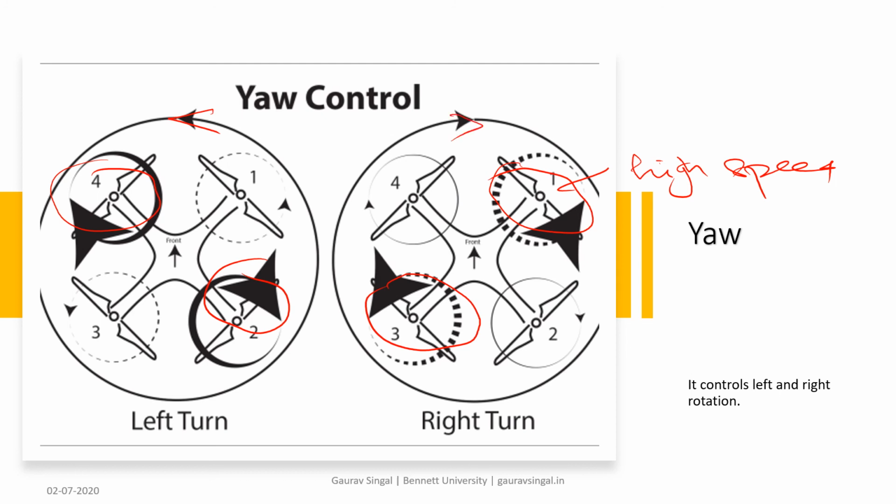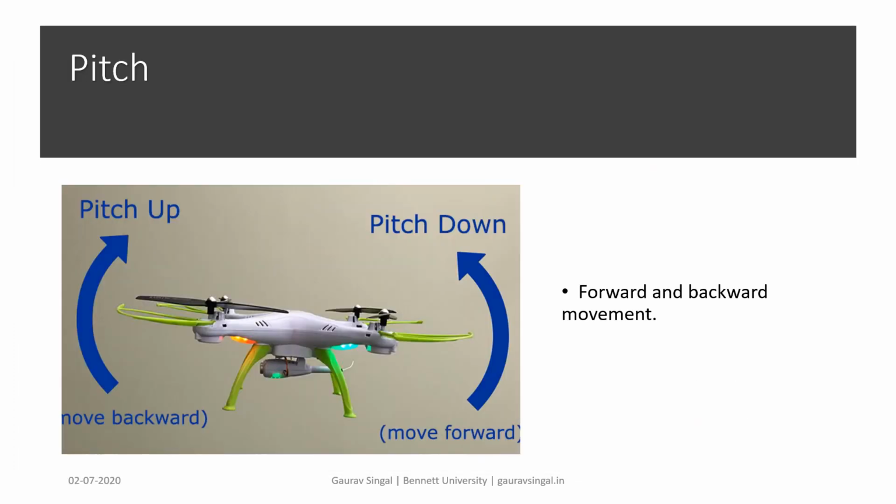So if one diagonal pair of motors is moving with high speed, then it will turn in one direction. Suppose the clockwise motors start moving, it will turn left. And if the anti-clockwise motors are moving with high speed, it will turn right. So with clockwise we get a left turn, with counterclockwise we get a right turn. So it controls the left and right rotation of the drone.